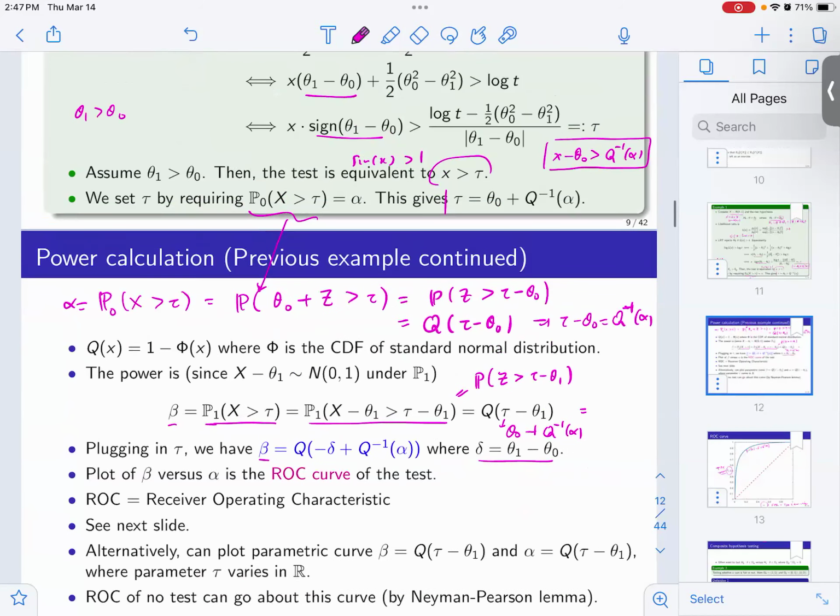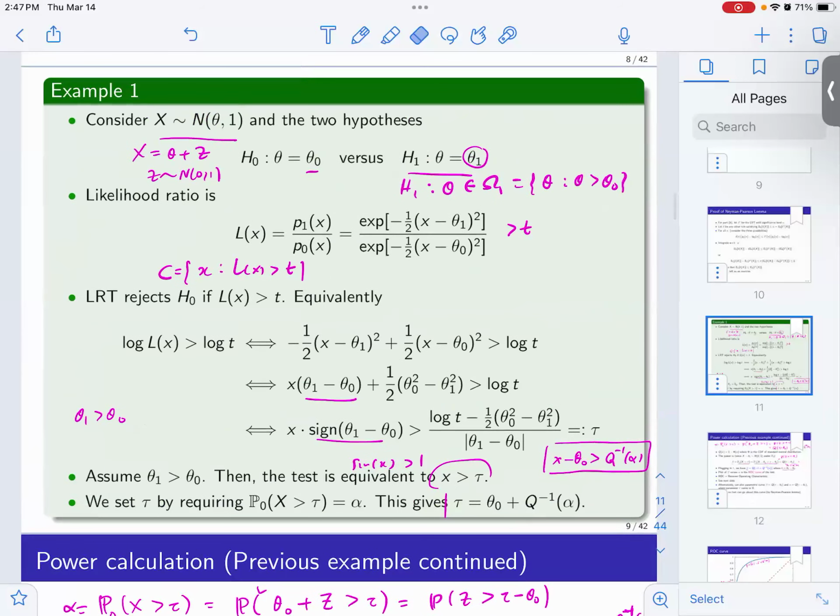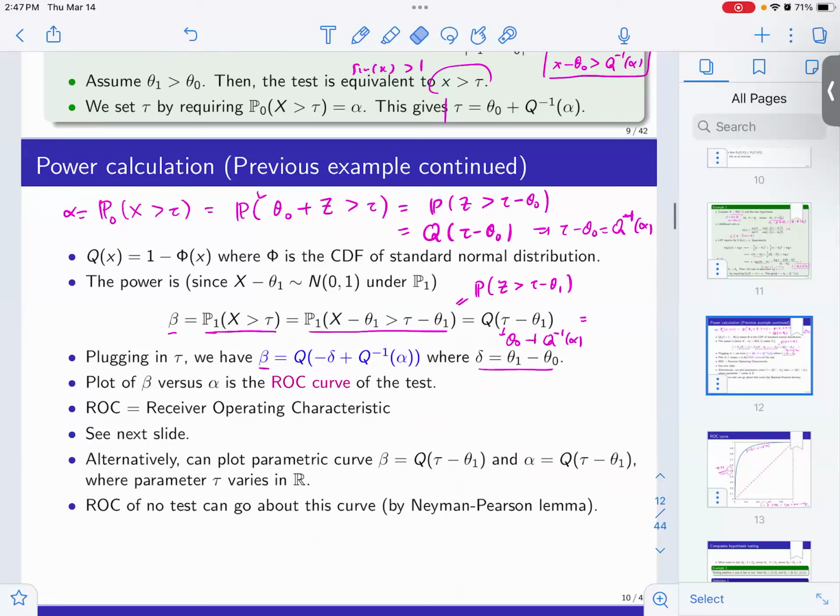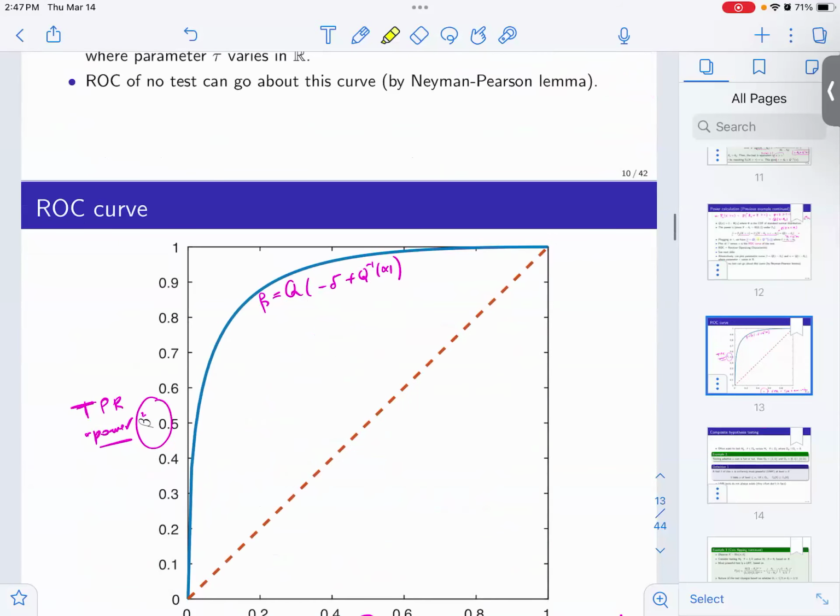So the thing that you mentioned, whether theta 1 is close to theta naught: as theta 1 gets close to theta naught, the hypothesis problem becomes harder. So this delta becomes smaller, and the curve would become like this. The most powerful test would be this, which means nothing above this can be achieved.